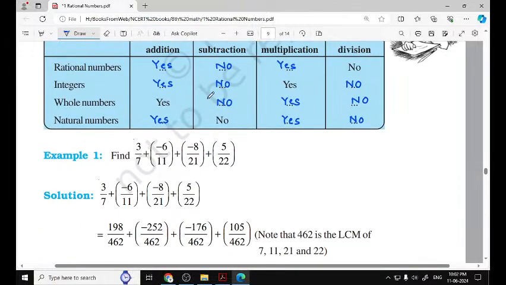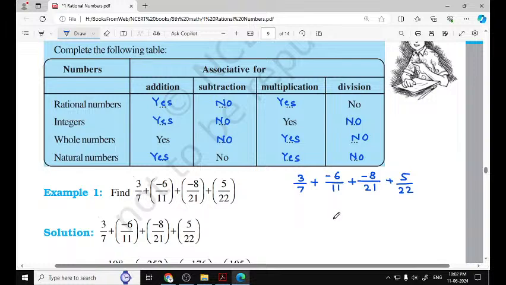Here we solve this example. 3 upon 7 plus minus 6 upon 11 plus minus 8 upon 21 plus 5 upon 22. We cannot add these numbers unless their denominators are equal.